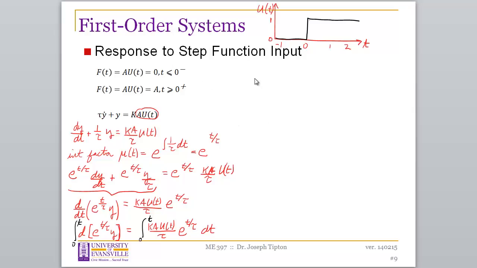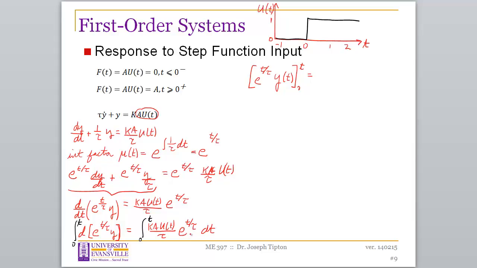Okay, I'll move up here. Now, if I integrate this from 0 to t, I'm removing the derivative, and I evaluate this then at those two locations. So here's my intermediate step. I end up with e raised to the t over tau times y of t, and evaluate from 0 to t.